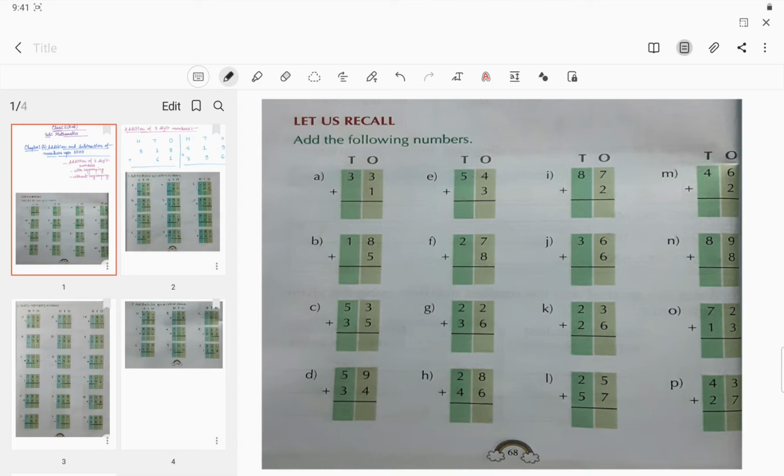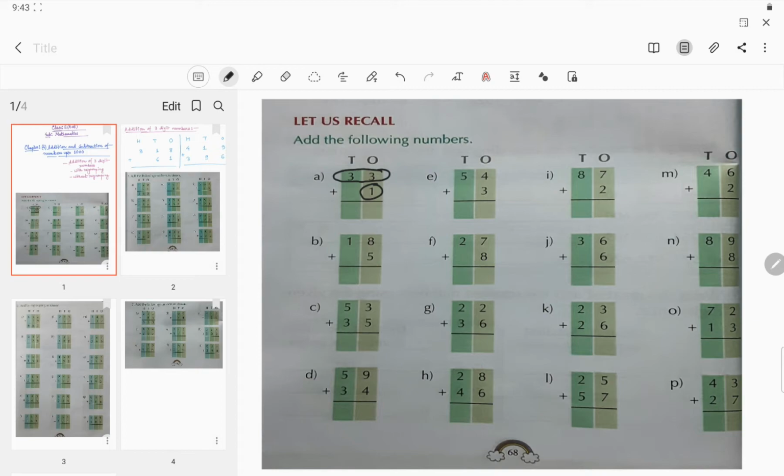Here it is given some additions, right? You know the term addends. For question A, 33 is an addend, 1 is also an addend, so they are basically addends, and after addition you will get the answer. This answer will be the sum.